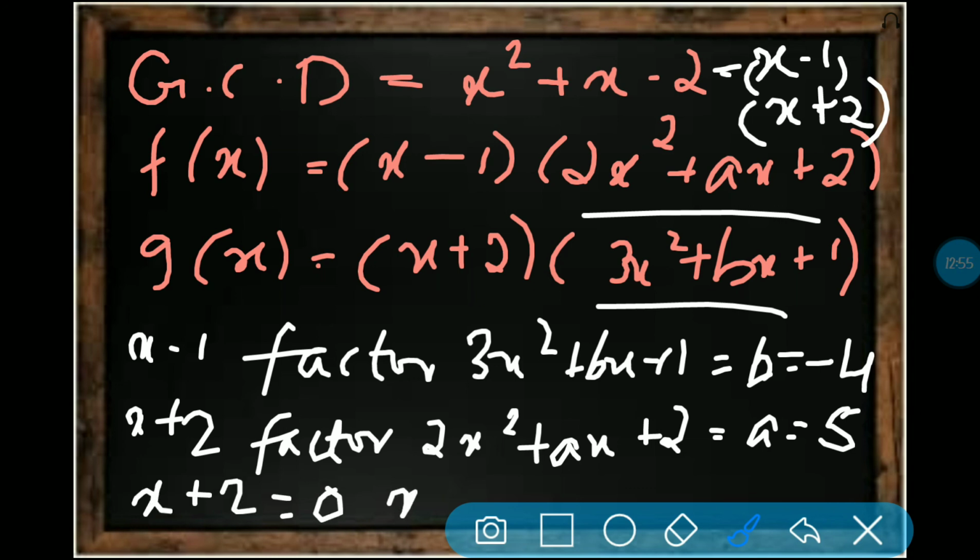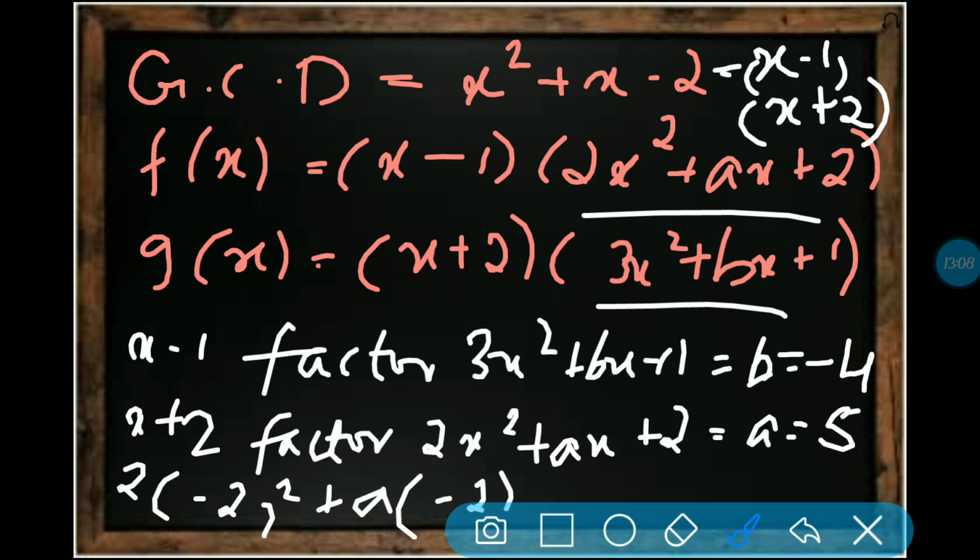Again same thing, x plus 2 is equal to 0, and x will become minus 2 because plus 2 goes to RHS and becomes minus 2. So if the x value is minus 2, then what will happen? 2 into minus 2 square plus a into minus 2 plus 2 equal to 0.